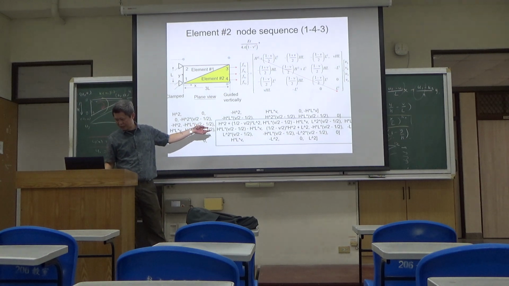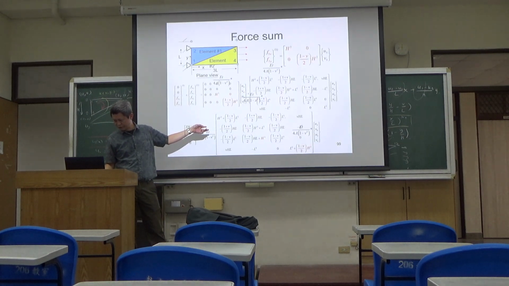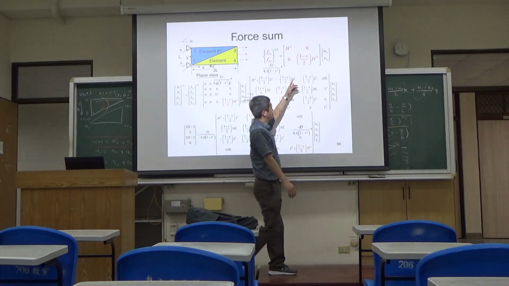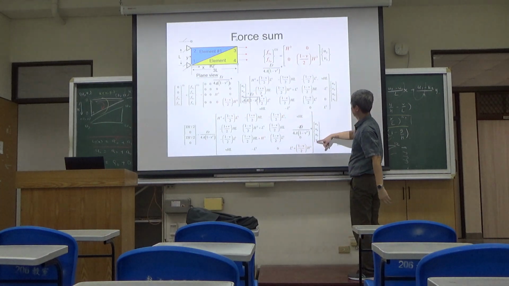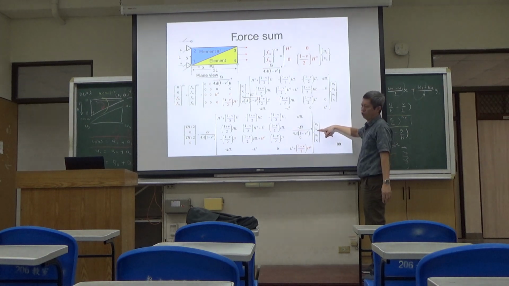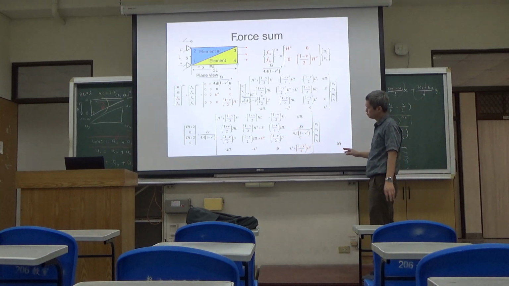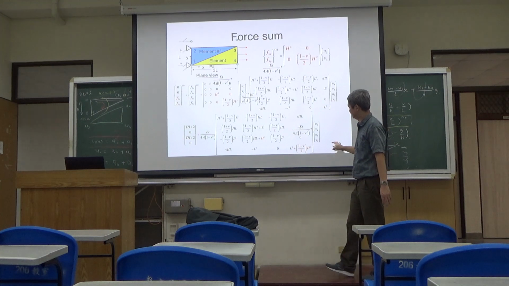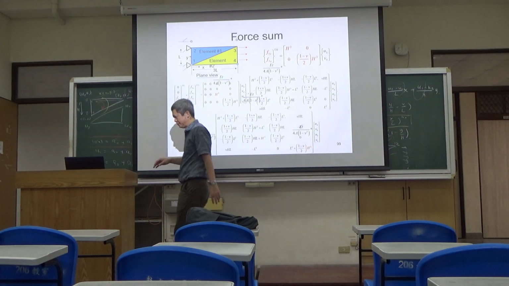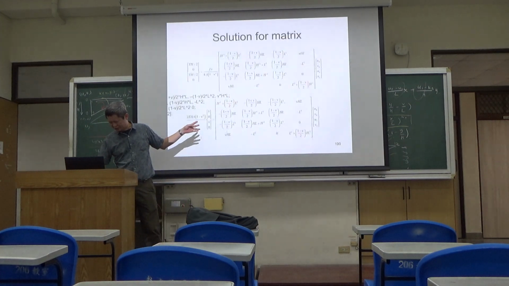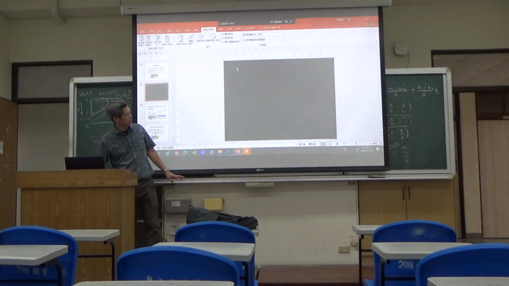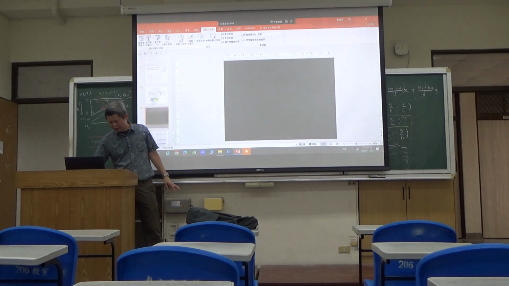Then element 2 will contribute another force balance, U4, V4, and then U3, V3. So you can clearly see that this is not easy, but it's solvable. When you have these reductions, you have the 4 variables to be solved.